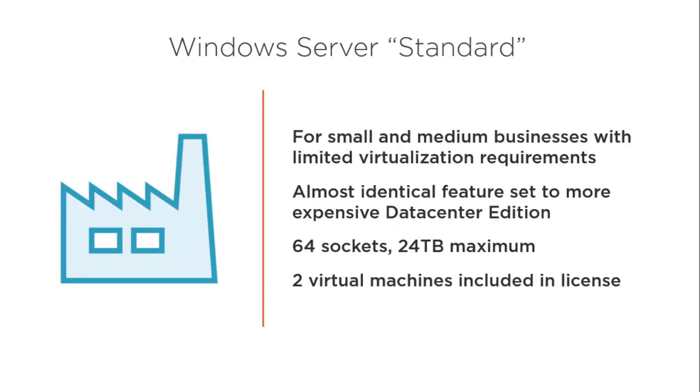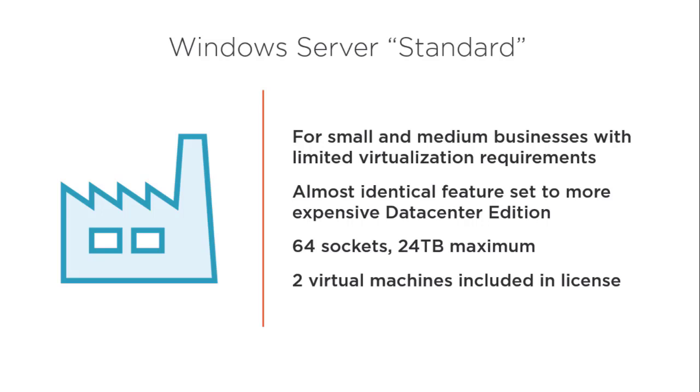Now the second one is called Windows Server Standard Edition. For small and medium businesses with limited virtualization requirements, we use Windows Server Standard Edition. It has almost identical features to the more expensive Datacenter Edition. It has a limitation of 64 sockets and 24 TB of RAM maximum.